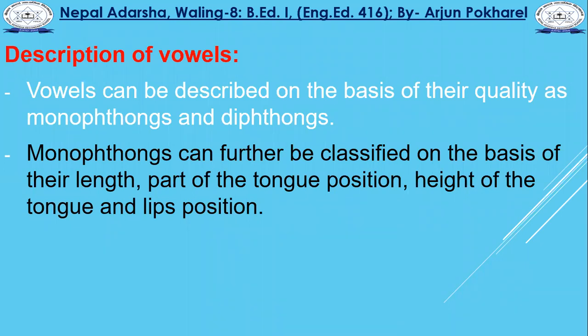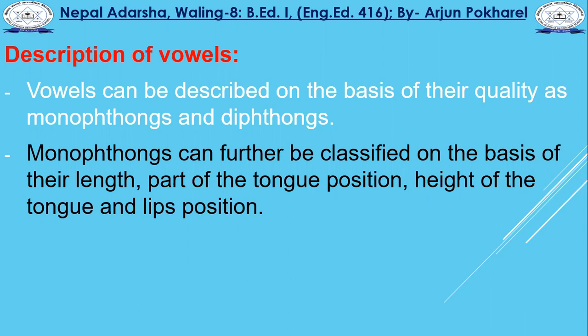On the basis of that as well we will describe vowels. Next is the height of the tongue, which refers to how high or how low the tongue is in the production of a particular vowel.